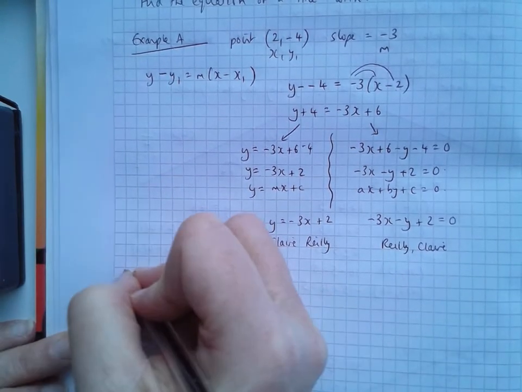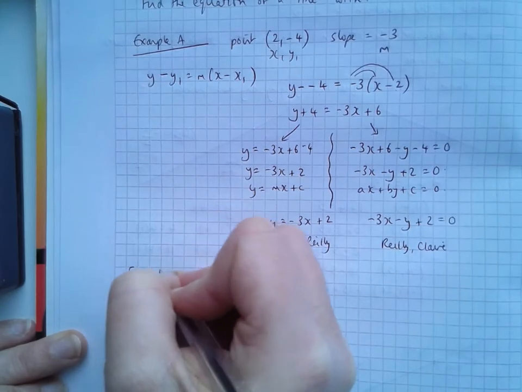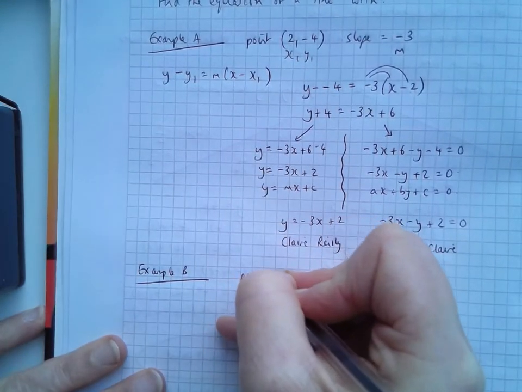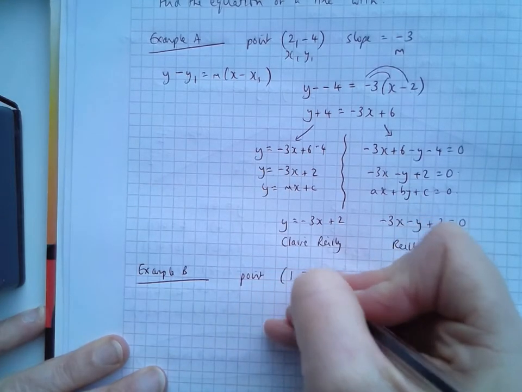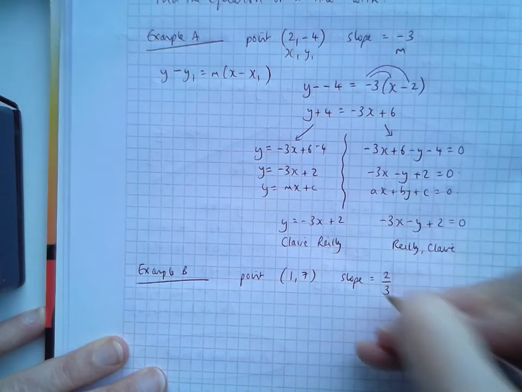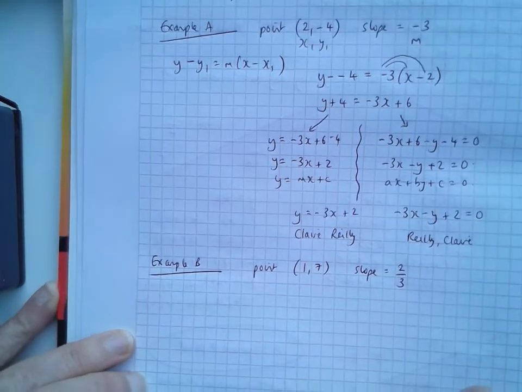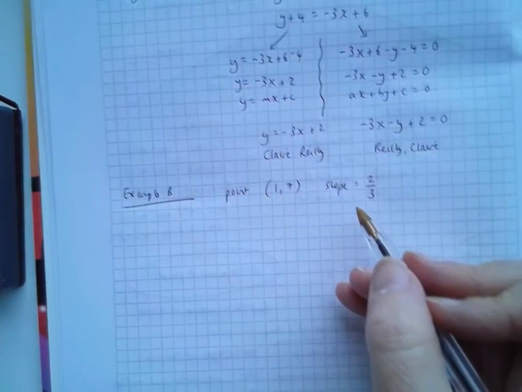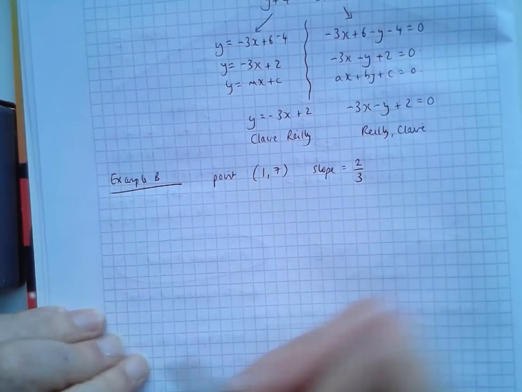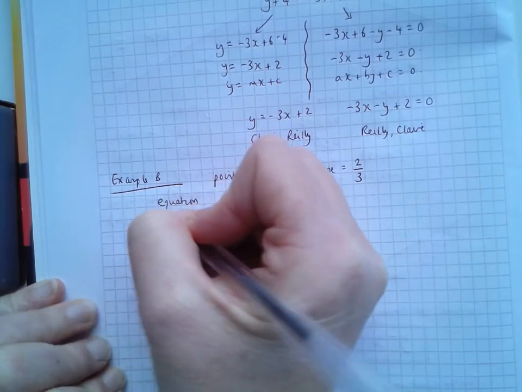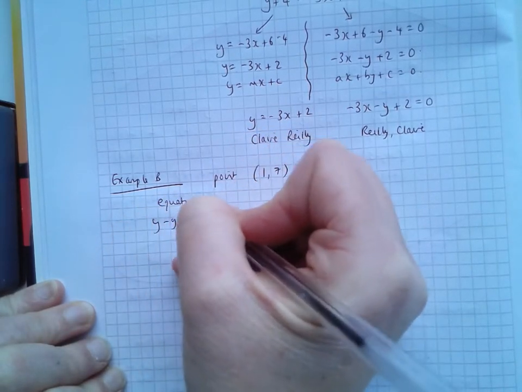Now, example B. Let's do one with a fraction. So let's say you've got a point which is 1, 7, and a slope is equal to 2 over 3. Okay, so this line contains the point 1, 7 and has a slope of 2 over 3, and we're trying to find the equation of the line. So equation is y minus y1 is equal to m by x minus x1.